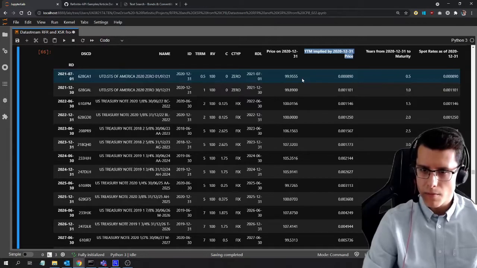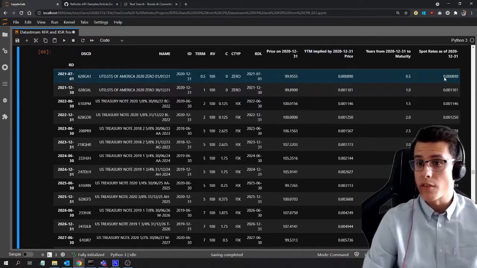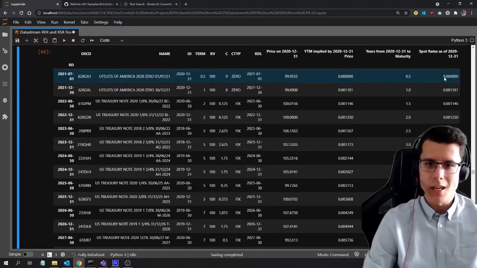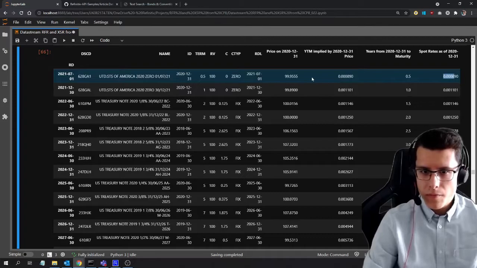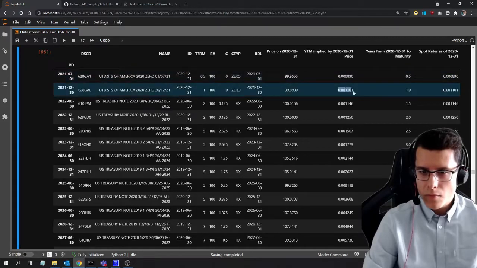Is that right? Yeah, that's right. Which is why we have this change between the yield to maturity and the spot rate. As a matter of fact, here it is. Here's the spot rate, and where's the yield? So now they're the same.